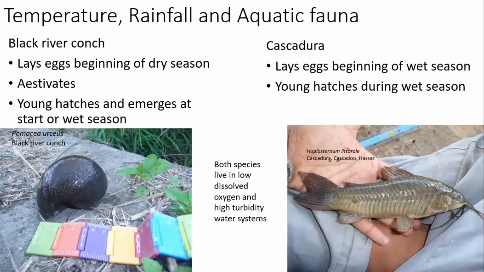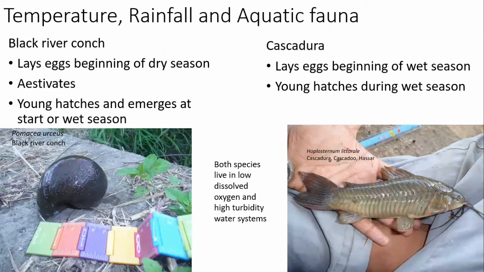The black river conch lay their eggs at the beginning of dry seasons in muddy substrate. The ponds, the slow flowing river systems, basically the habitats you'll find in our stable and unstable relic zones in Trinidad, Central Trinidad, etc. Similarly, cascadua has a similar distribution.